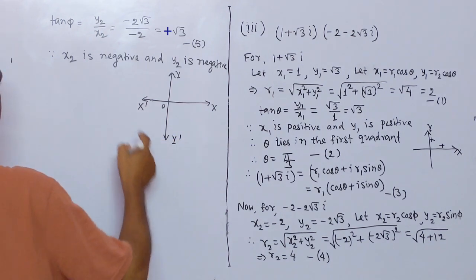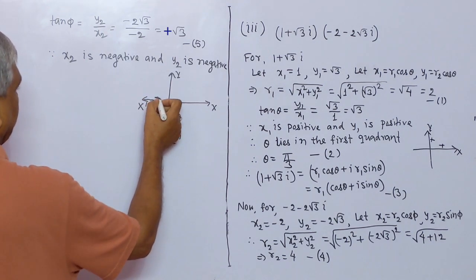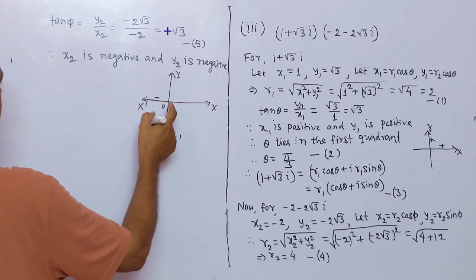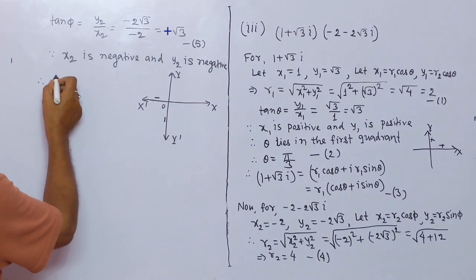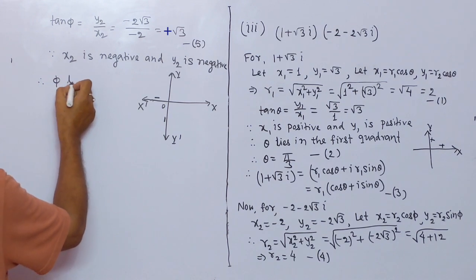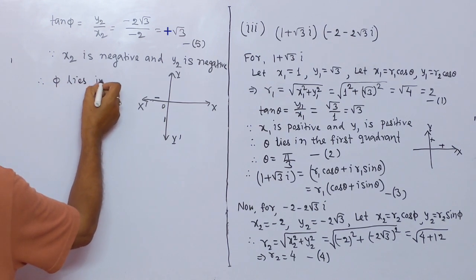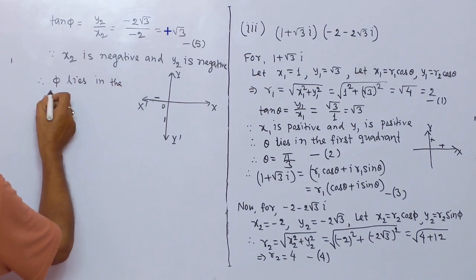Here x is negative and y is negative. Therefore, phi lies in the third quadrant.